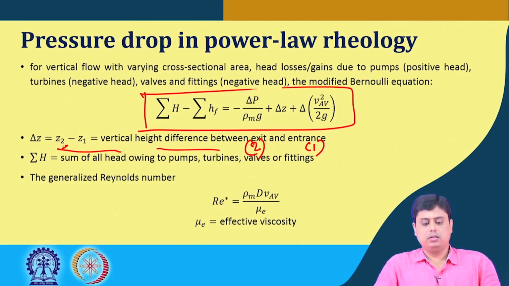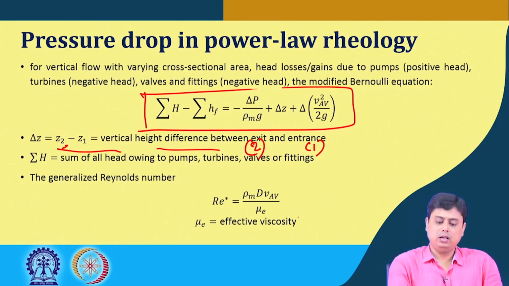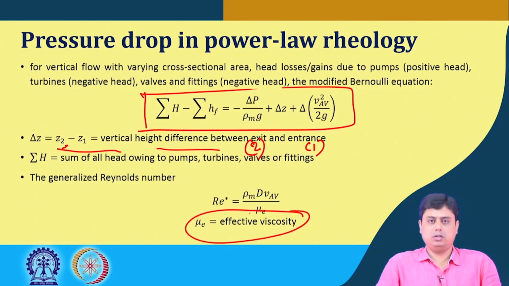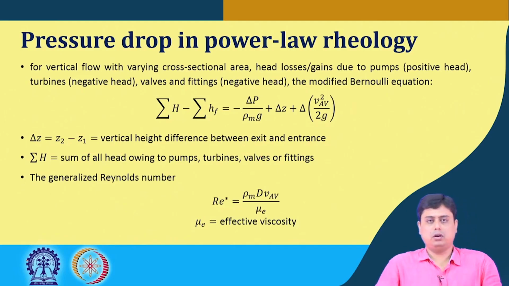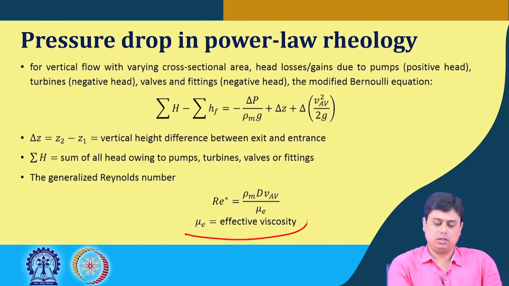Now this regime we identify with the help of the Reynolds number in Newtonian fluids. Similar to that, here also we apply the Reynolds number definition, but in a modified form. Here the modification is done through the effective viscosity, because we are talking about non-Newtonian liquids, so there is no absolute viscosity, we have effective viscosity.